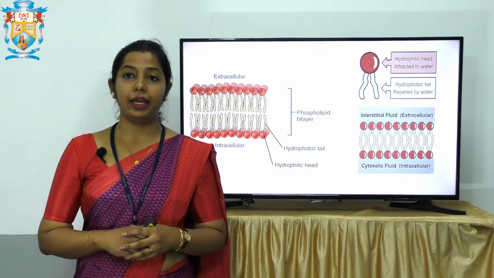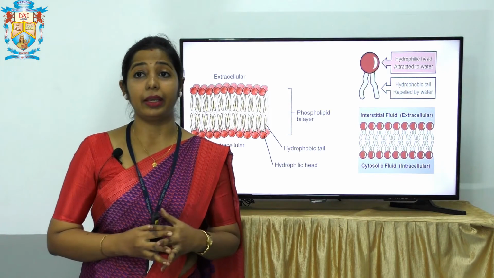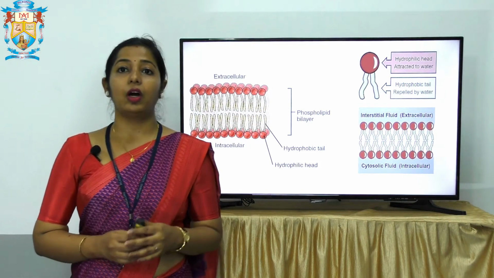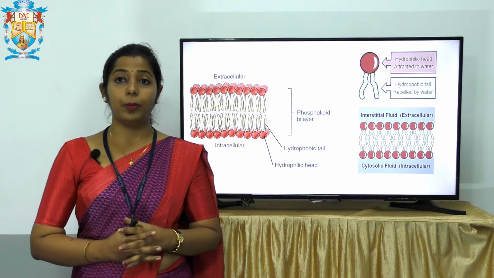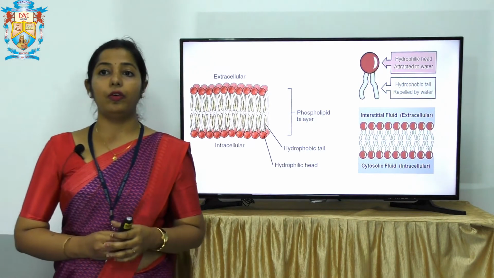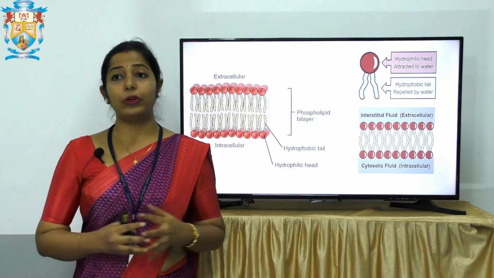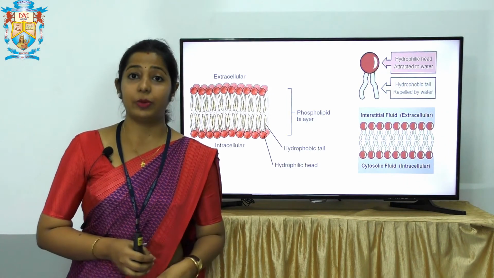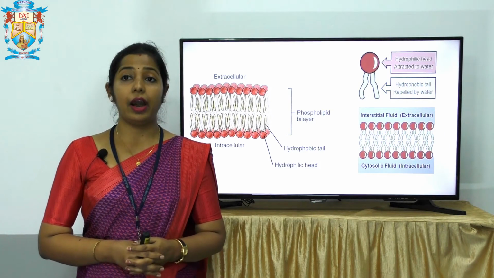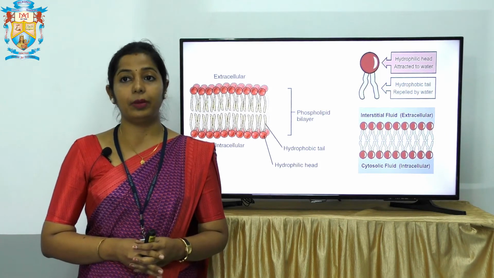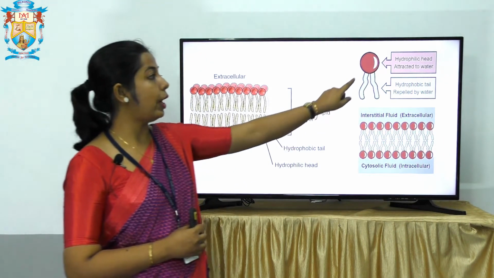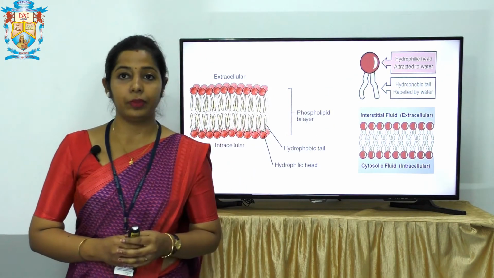The hydrophilic heads of phospholipids in a membrane bilayer face outward, contacting the aqueous fluid both inside as well as outside of the cell. Since water is a polar molecule, it readily forms electrostatic interactions and hydrogen bonds with the phospholipid head. Now let's talk about the hydrophobic tail.